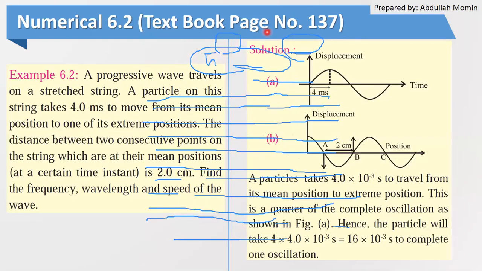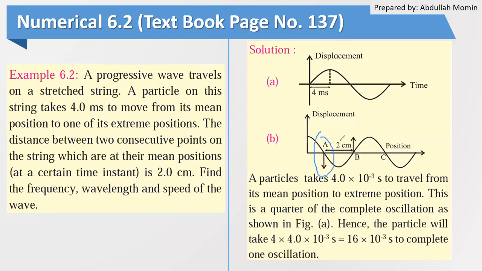While looking at diagram B, this is your point A, this is your point B. Both particles are at mean position. These are the two successive particles, and this portion is called the trough, this portion is called the crest. We know that if the distance from A to B is 2 centimeter, then the distance from B to C is also 2 centimeter, and one crest and one trough will be your wavelength.